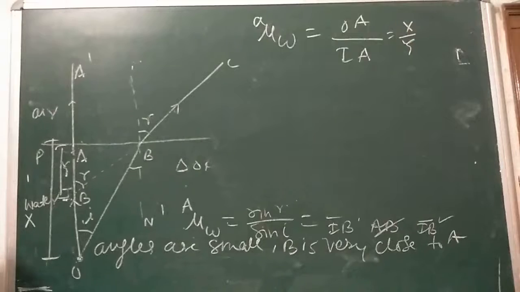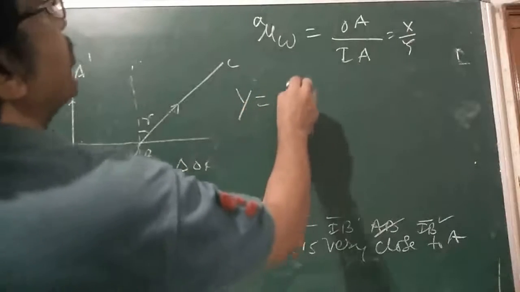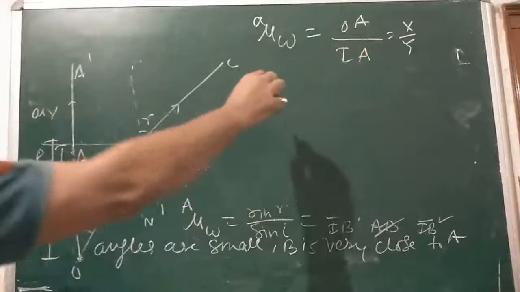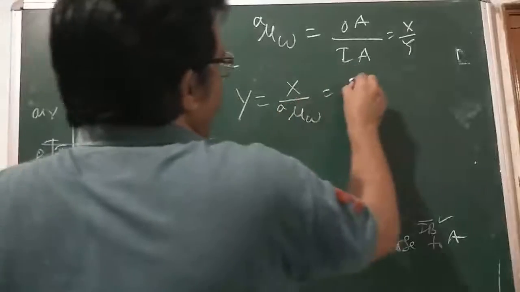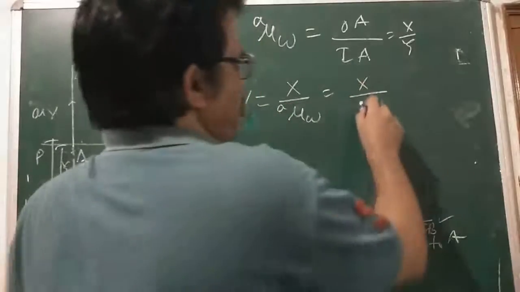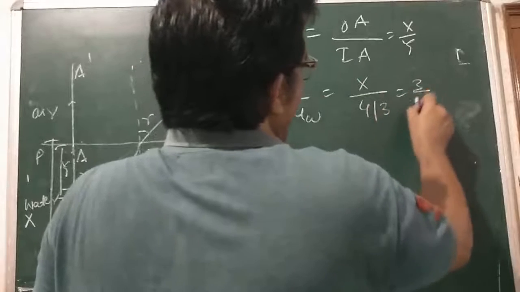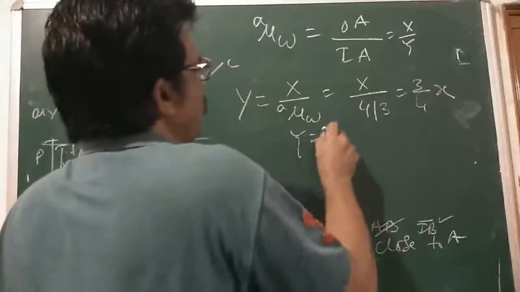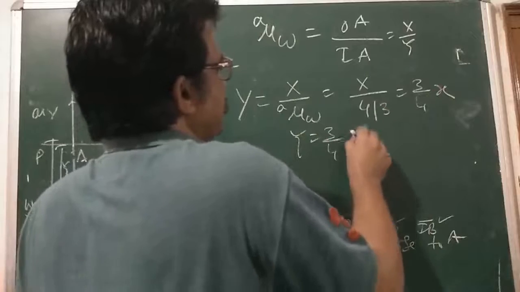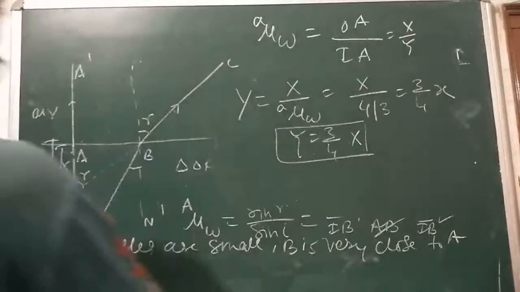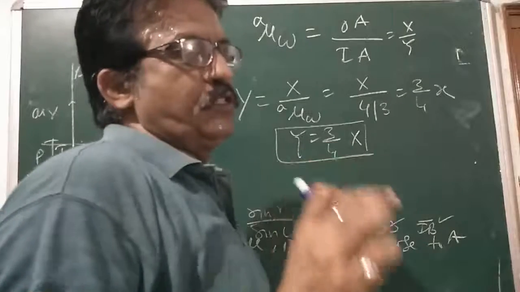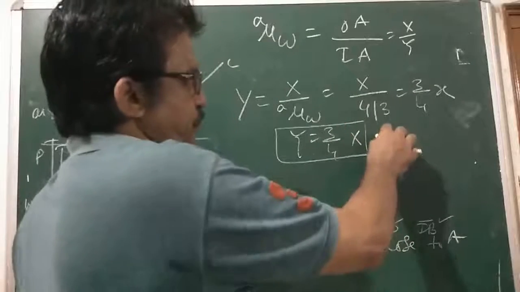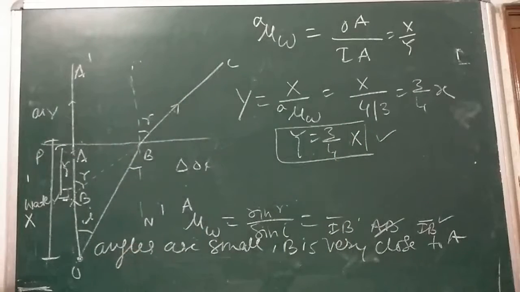So what we are observing here? Y comes out to be X upon refractive index of water with respect to air. Refractive index of water is 4 by 3. That is 3 by 4 X. What we are getting here? Y is equal to 3 by 4 X, the apparent depth is only 3 by 4th, that is 75% of actual depth. So 3 by 4th of the real depth of the tank of water. Write down.